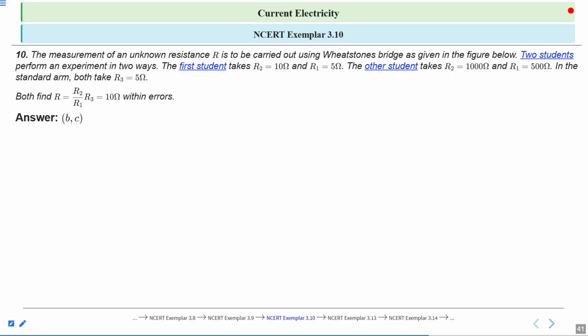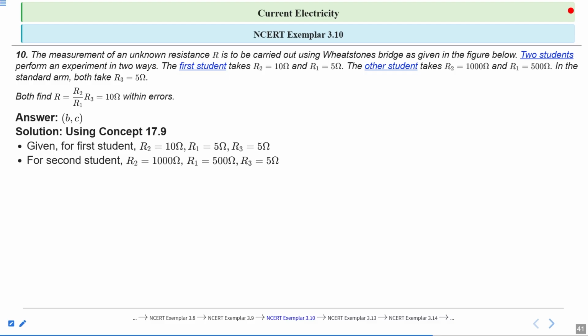Let's see which option is correct. Option B and C is correct. Using concept 17.9. For the first student, R2 is 10 ohm, R1 is 5 ohm, and R3 is 5 ohm also. For the second student, R2 is 1000 ohm, R1 is 500 ohm, and R3 is 5 ohm.